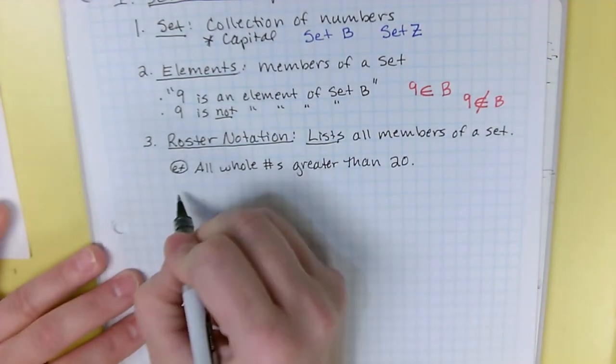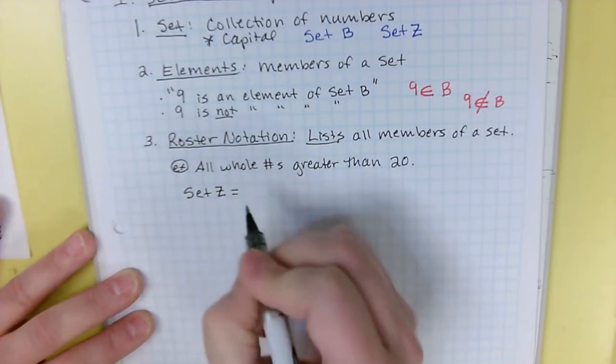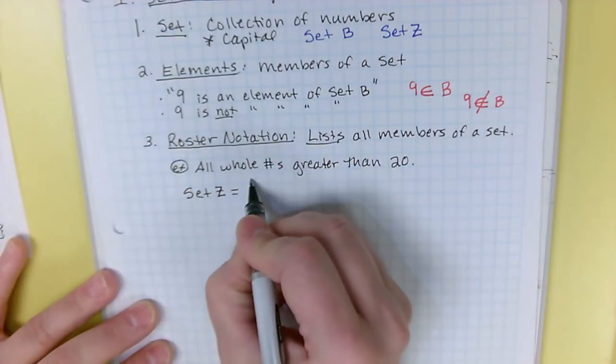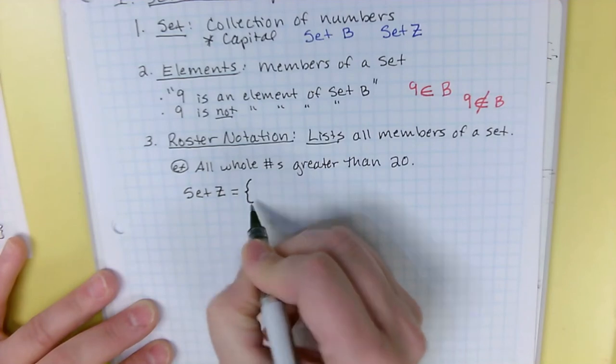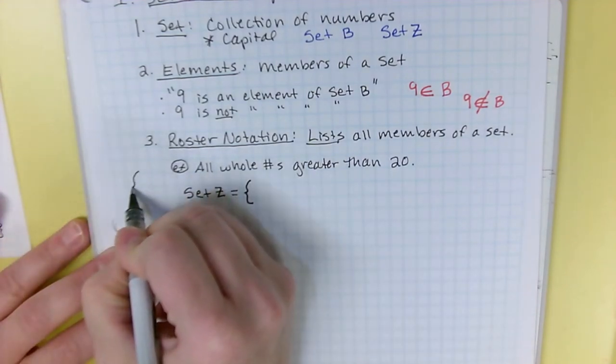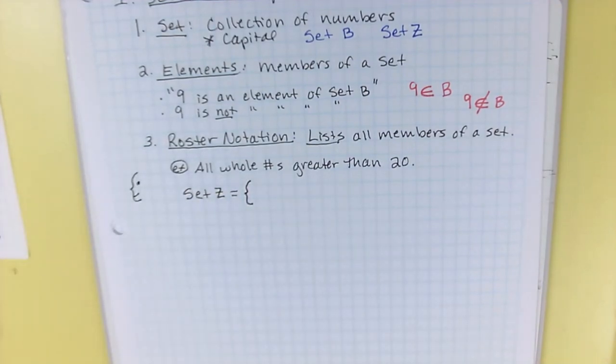And we're going to call it set Z. And in roster notation, you have to start the set with what's called a brace. A brace has a bump, a nose, and a bump. I think of it as like a forehead, nose, and chin. That's a brace.